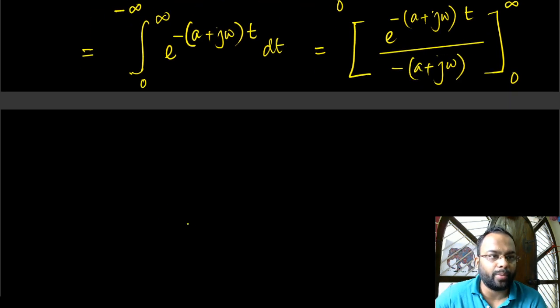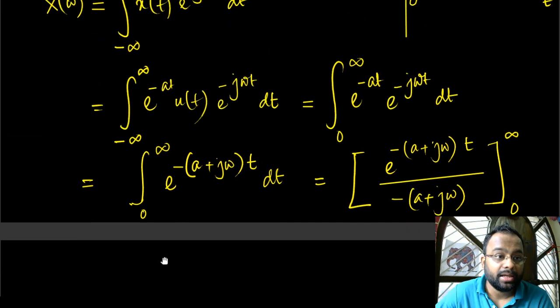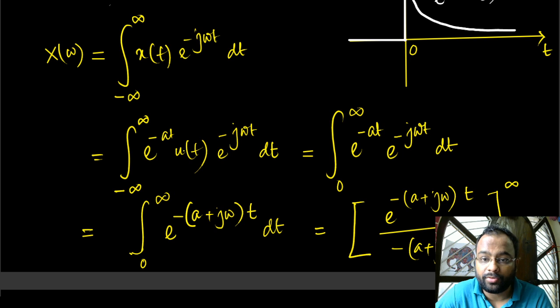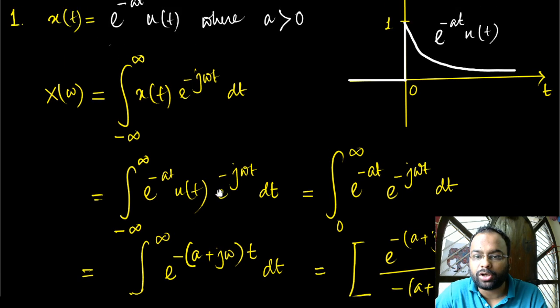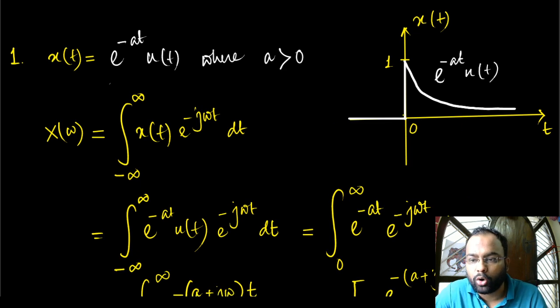Again, if you have any query, please feel free to post them on the live stream. Someone asks where is u(t). What was the purpose of u(t)? The purpose of u(t) was to make sure that this signal has a value of 0 before t equal to 0, right? Otherwise, e to the power minus at would have looked somewhat like this.